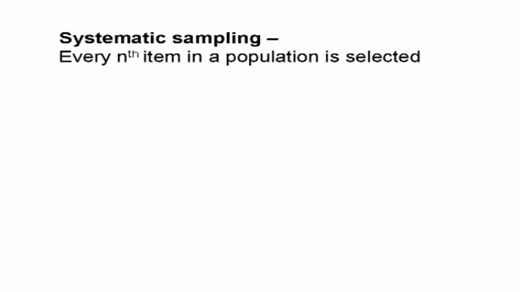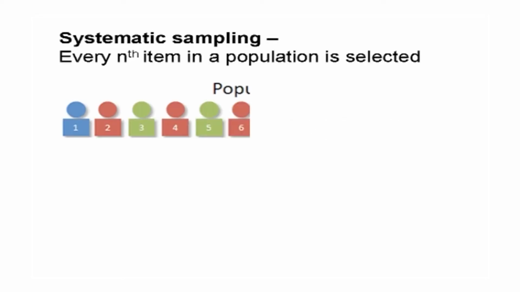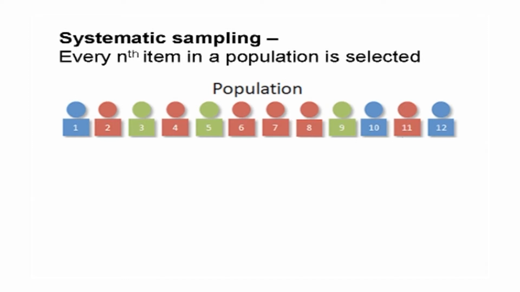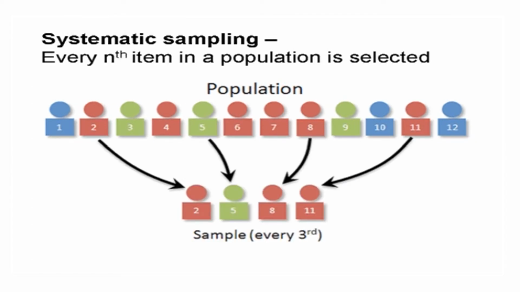The third one is systematic sampling. In the systematic sampling method, every nth item within a defined population is selected in the sample. The researcher begins with a random start of the elements in the range of 1 to n. Then every nth item will be included in the sample.